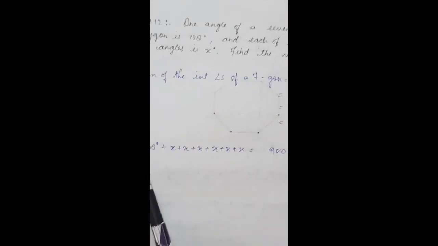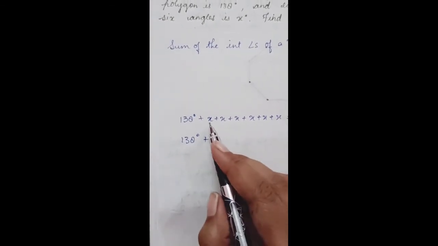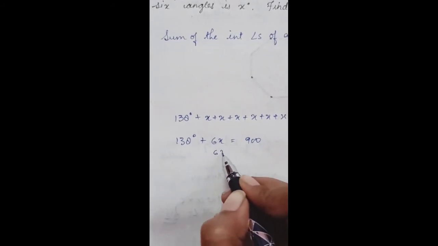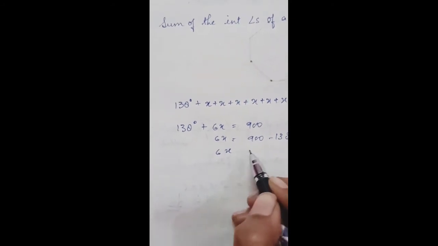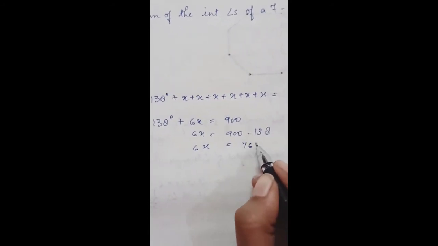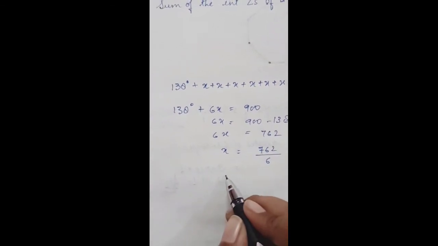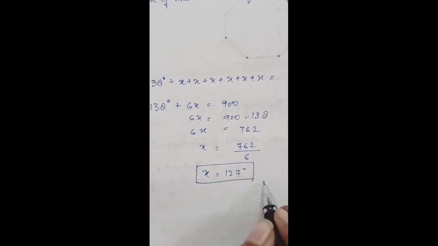Now from here we'll find out the value of x. 138 degrees plus 6x equals 900, so here we get 900 minus 138, so 762, and x is equal to 762 by 6. So we get the value 127 degrees.